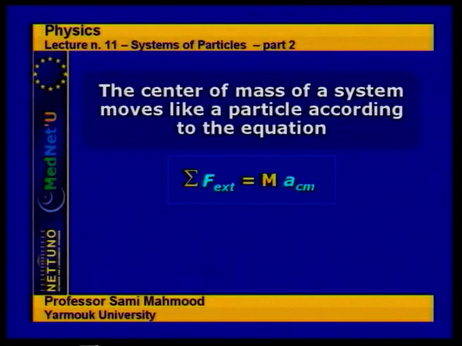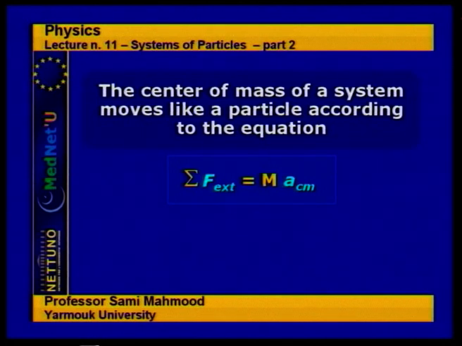And if we are concerned with the motion of the center of mass of that system, if we are not concerned with the individual motion of the individual particles, how they move relative to each other, if we are focusing our attention on the motion of the center of mass itself, then the motion of that point in space is actually controlled and governed by Newton's second law, by this equation.